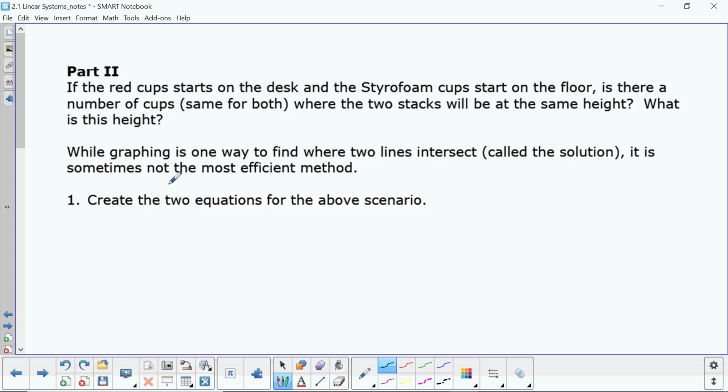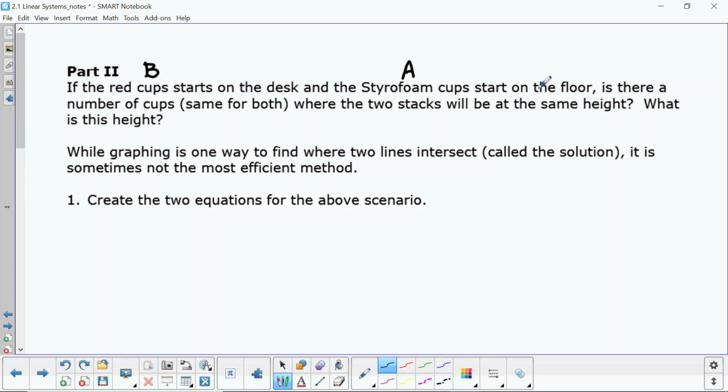So on the next page, it changed the situation. Now it says the red cup is cup B, and the styrofoam cup is cup A. So now the situation is that cup B starts on the desk and cup A starts on the floor. It asks you after how many cups the two stacks will be at the same height.